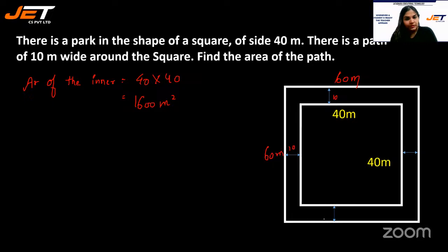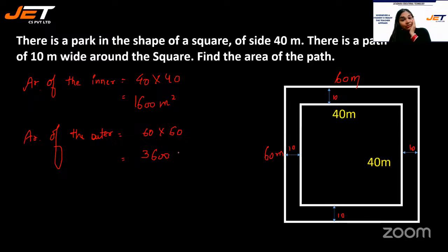The area of the outer square is 60 meters times 60 meters, which is equal to 3600 square meters. Now, the area of the path is the outer area minus the inner area.